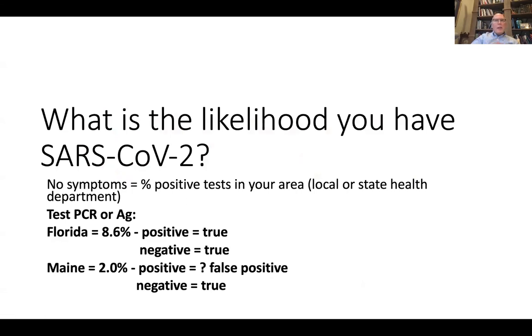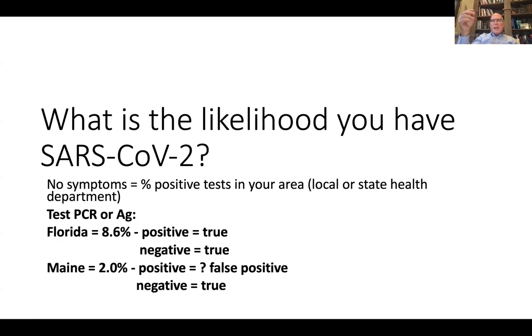So what is the likelihood you have SARS-CoV-2 if you have no symptoms, but you're worried that you might have come in contact, and you wait 3 to 4 days? Well, it depends on the prevalence of infection in your area. In Florida, it's now almost 11% of all tests being performed, PCR and antigen, that are positive.